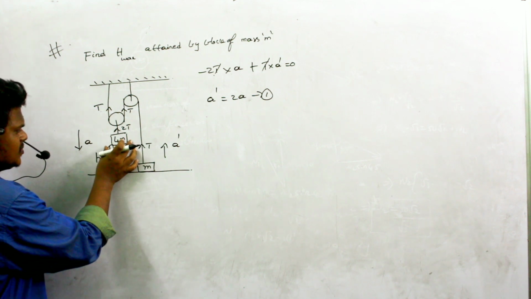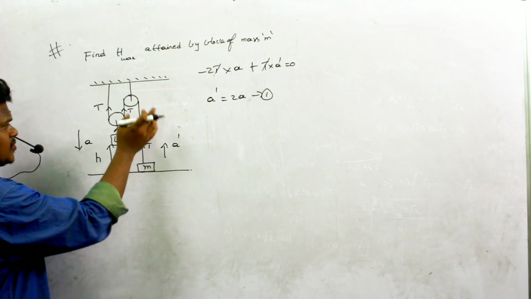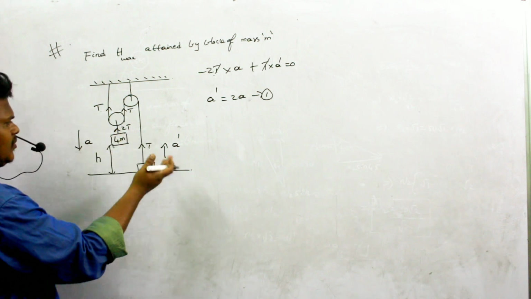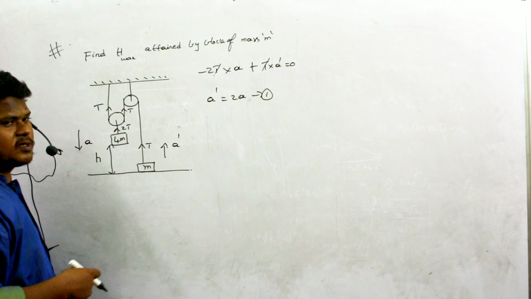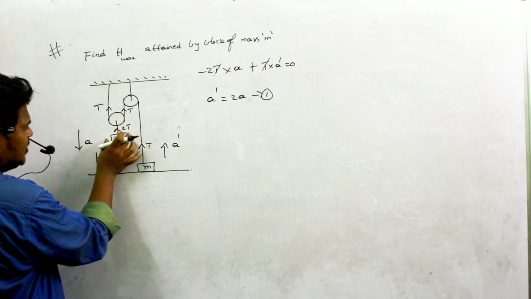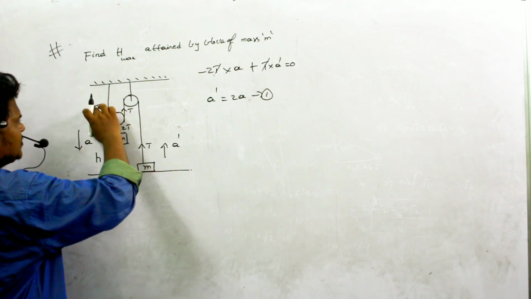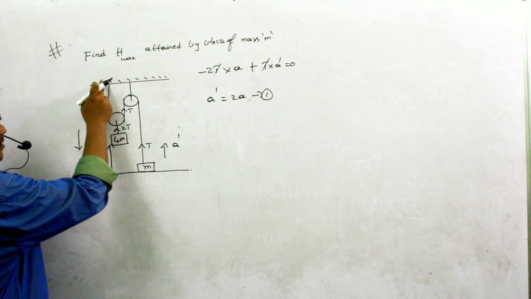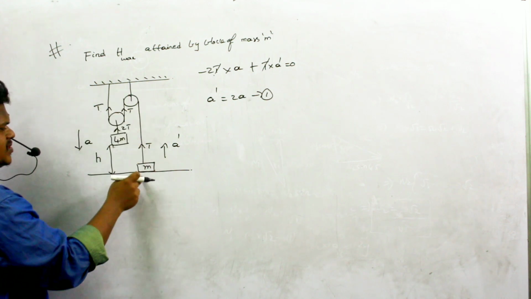Similarly, when this block comes down and touches the ground, this mass will move upwards by a height of 2h. We can calculate this using the calculus relation xA plus xB is equal to 2 times xP. Or very simply, if this pulley comes down by a height of h, it will pull h height from this side and h height from this side also. But this side is tied here, so it will pull a total of 2h from the same side.